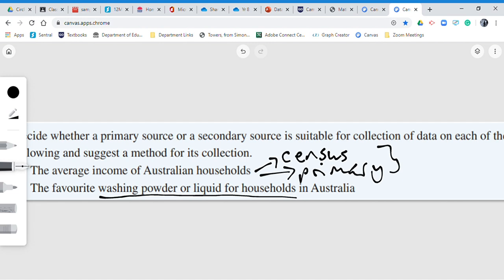So for example, a marketing research agency might be collecting that information, and by having that marketing research, they can better understand how to brand or target their audience. So that's a way of looking at this. So this would be secondary.